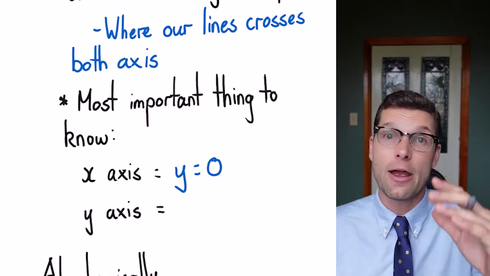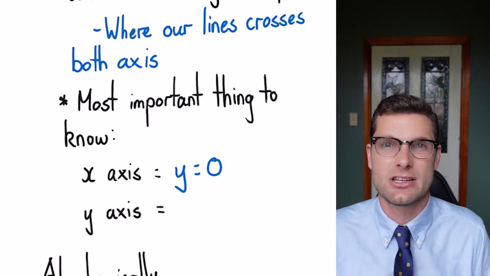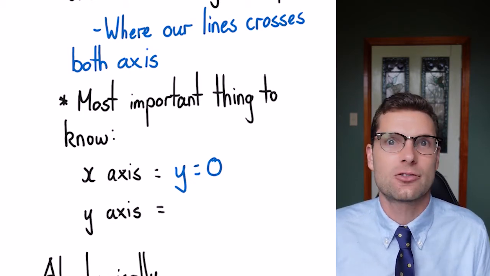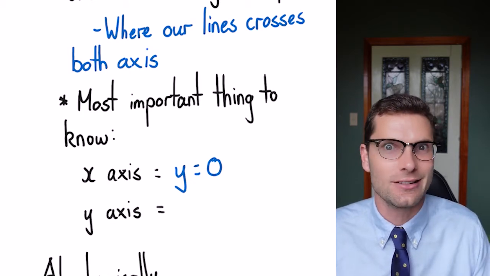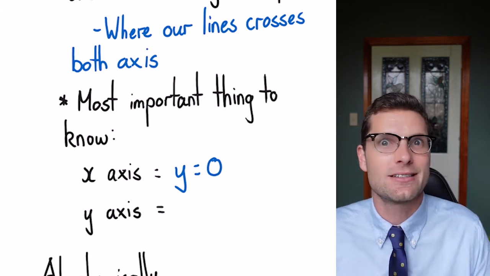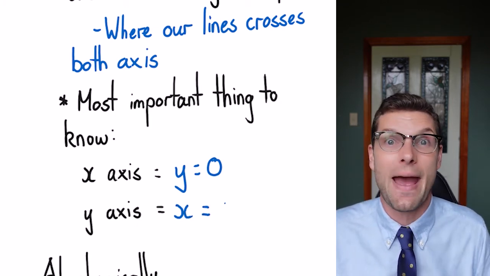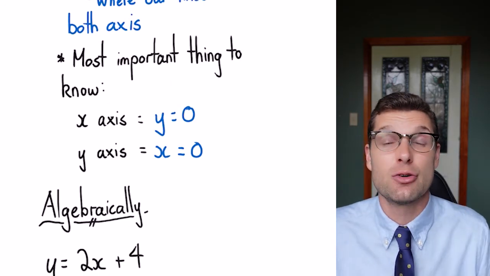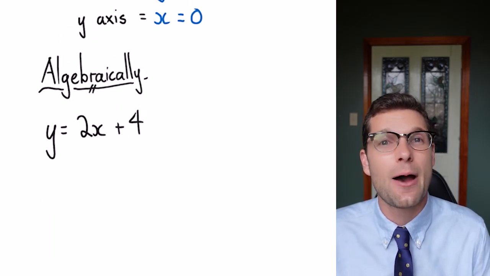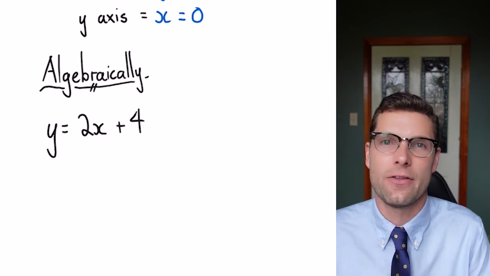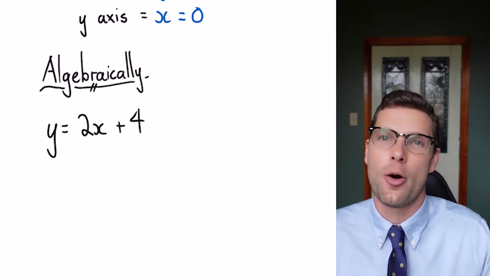No matter how high or low my line crosses the y-axis, it always crosses at the axis where x is equal to 0, so we've always got that bit of information in our back pocket. To use this algebraically, all we have to do is sub in 0 for either one of the variables, and you'll find the opposite axis.